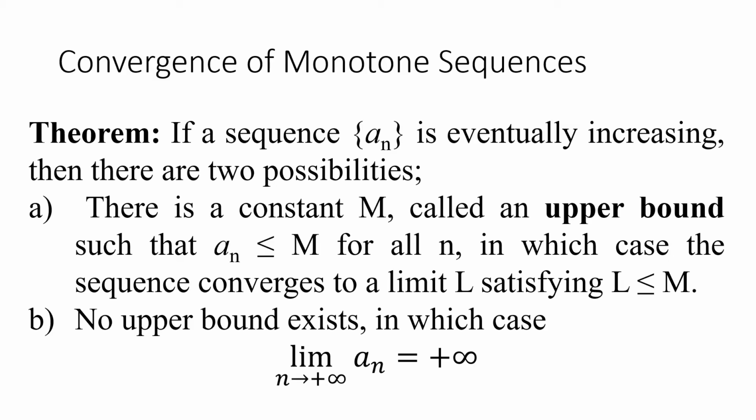One, there is a constant number m called the upper bound, such that a sub n is less than or equal to m for all n, in which case the sequence converges to the limit L satisfying L less than or equal to m. And two, no upper bound exists, in which case the limit of the sequence as n approaches positive infinity is equal to positive infinity.